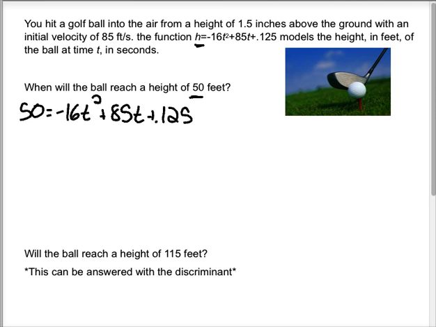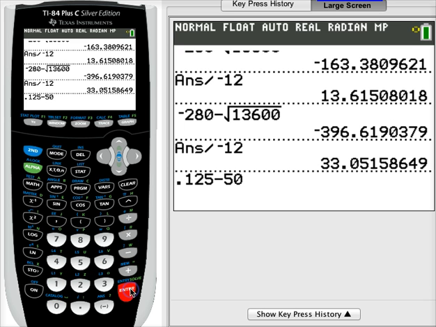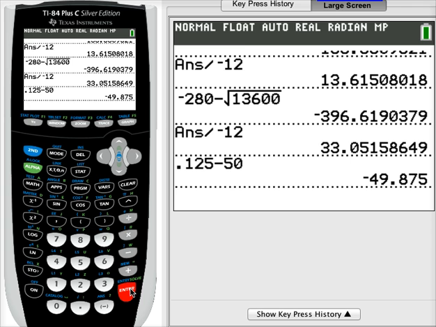All right, now subtract 50. 0 equals negative 16t squared plus 85t. Now, if you don't know that off the top of your head, just type it in. 0.125 minus 50. Oh, all right, negative 49.875.